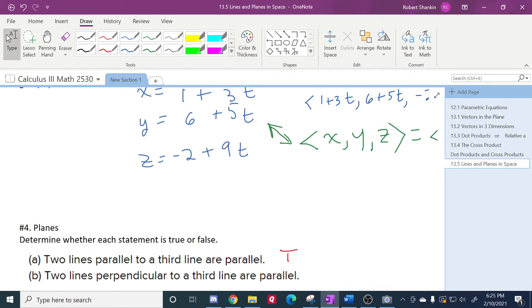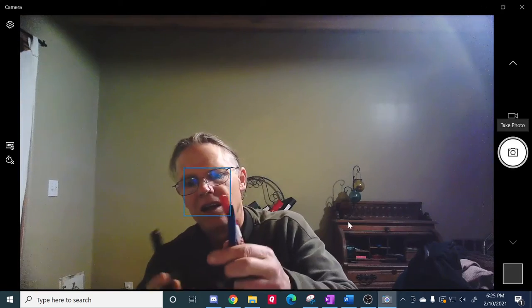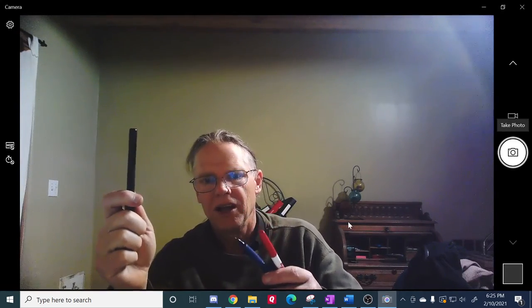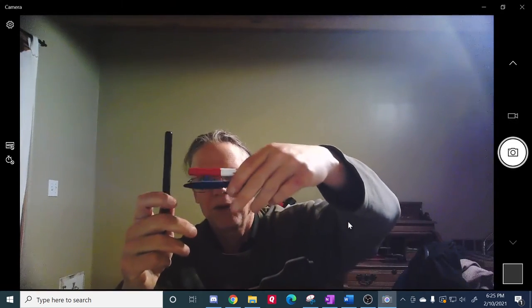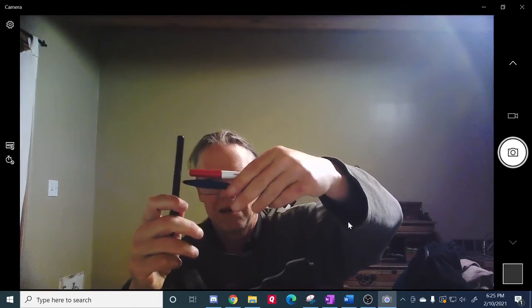Okay, group 2. True or false? We said it's true. It's true? Yeah. Okay. Here's my first line. These two are both going to be perpendicular to this, and they're parallel.